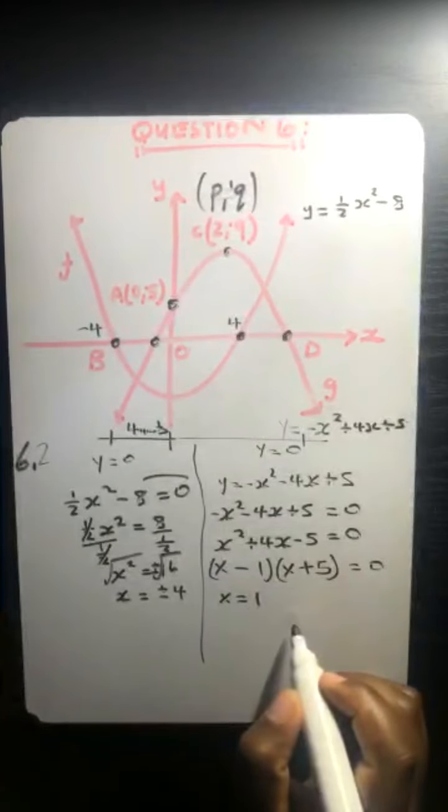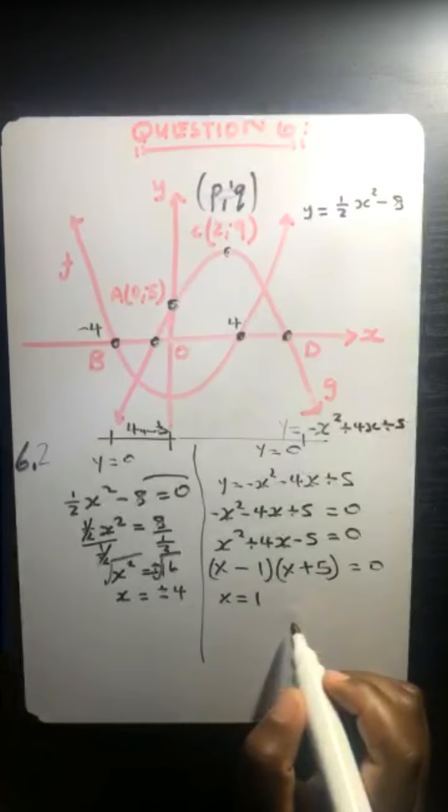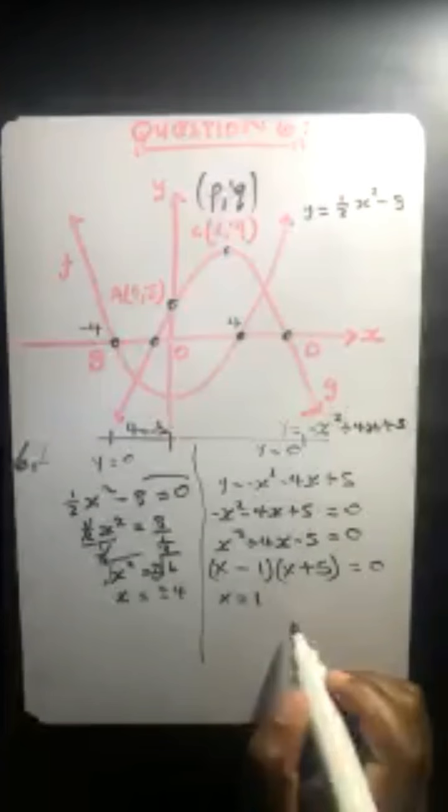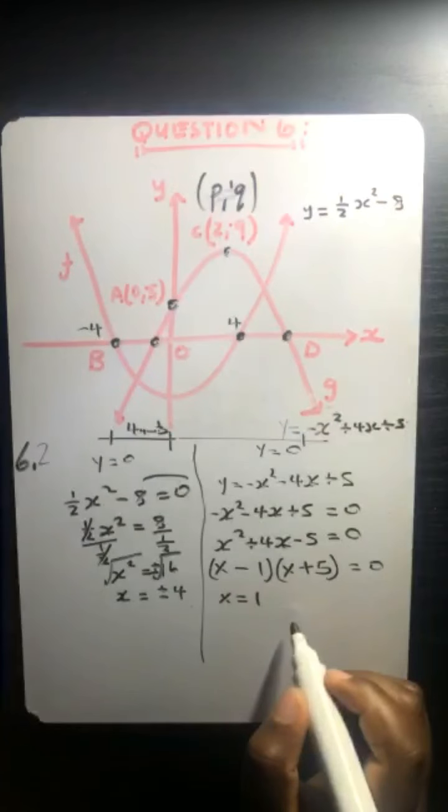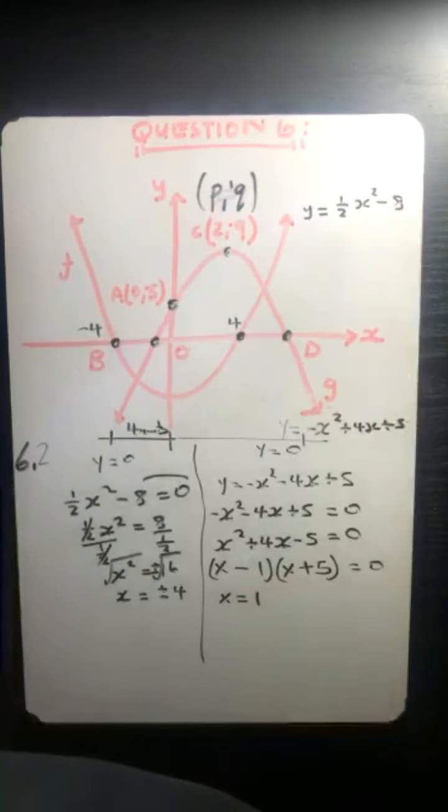Did I not make a mistake somewhere there? Let me quickly see. I suspect I made a mistake. Where is my mistake? Say it's negative 5. Okay.